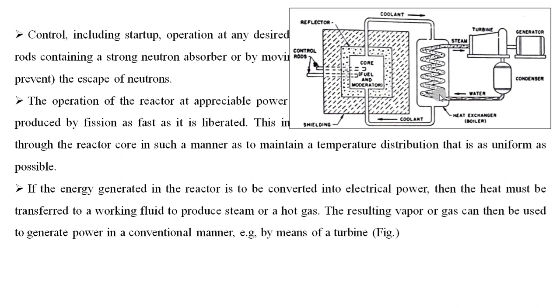Here water is used as the working fluid. The heat obtained from this reactor is used to produce steam from this water, and the resulting vapor or gas can be used to generate power in a conventional manner by means of turbines.